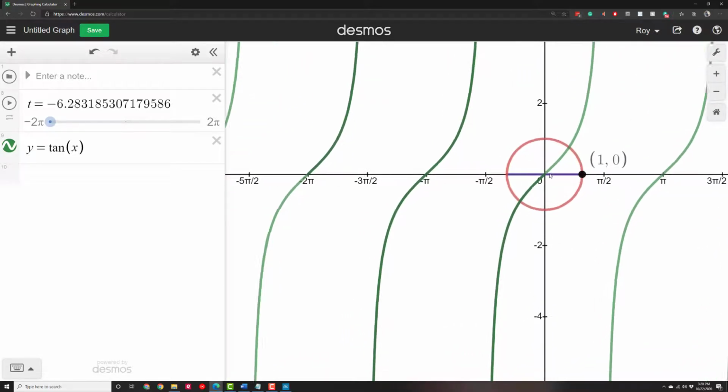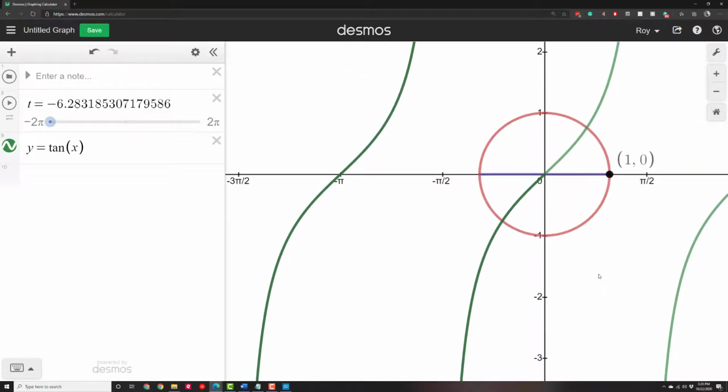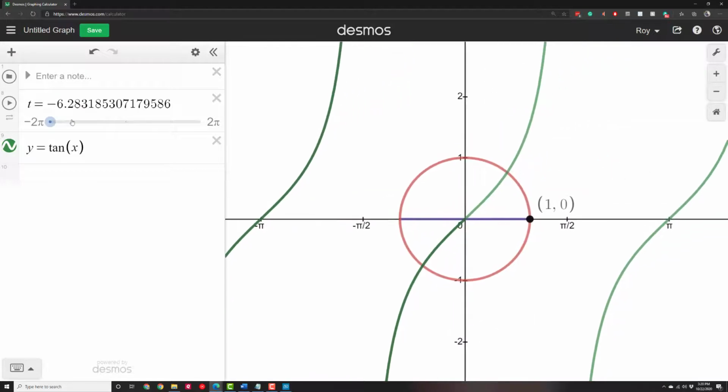Notice where we're going to have issues with the tangent curve. We're going to have an issue when you have a nearly vertical line here. So in other words, at the angle of pi over 2, or the angle of, sorry, that wasn't an angle of pi over 2. This is an angle of 0 roughly.